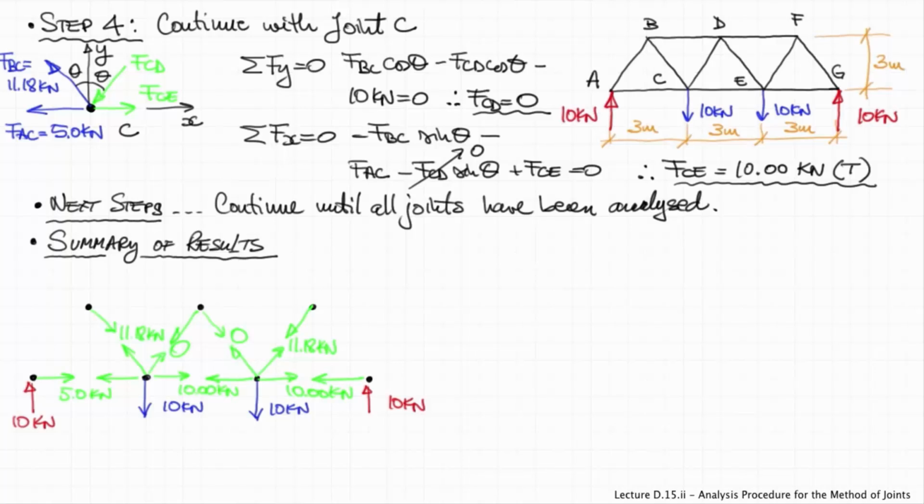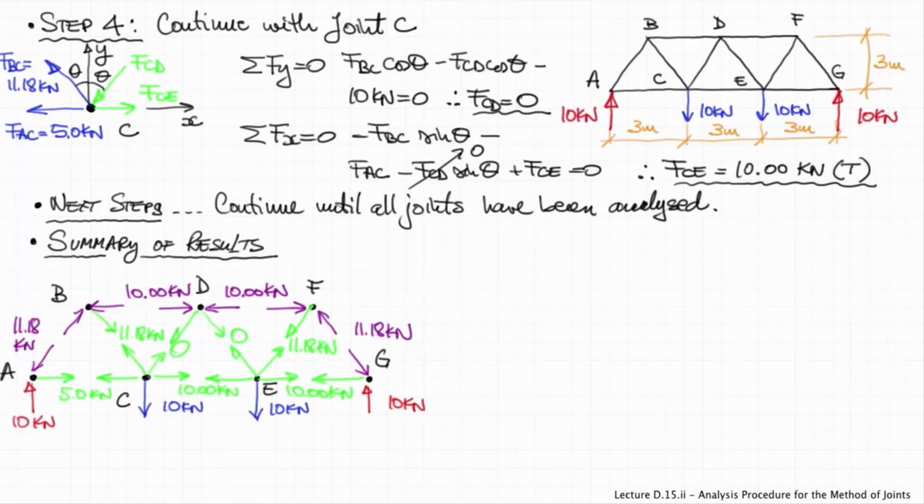So forces pulling away from the joints indicate members in tension, and forces pushing into the joints indicate members in compression. And when you've done this procedure with all the internal forces in the members of a truss, then this will represent the final answer. Now anybody looking at this diagram would quickly see and determine the forces in the truss.